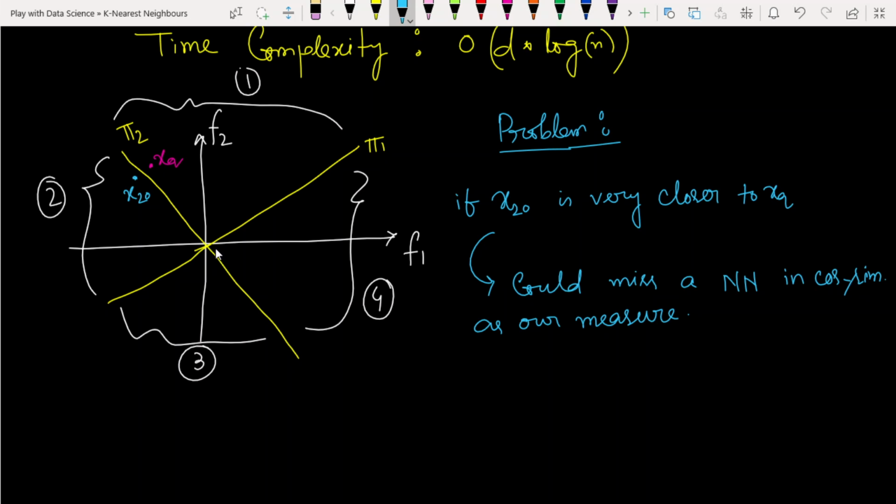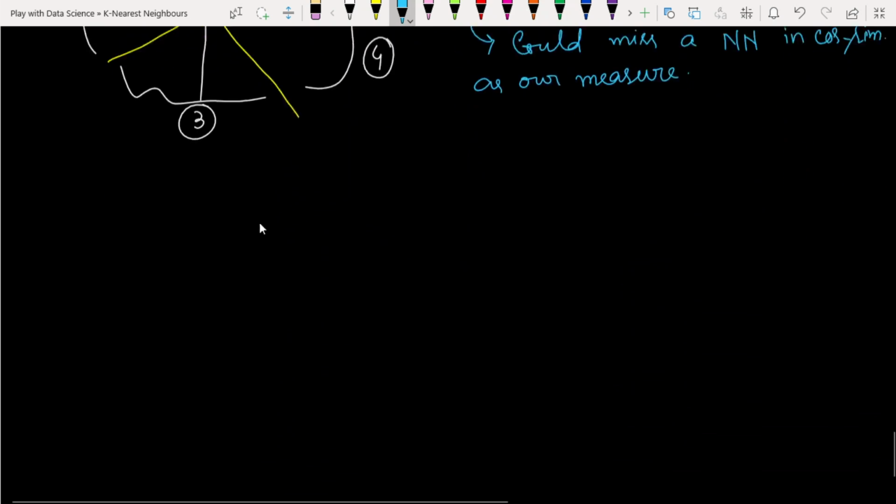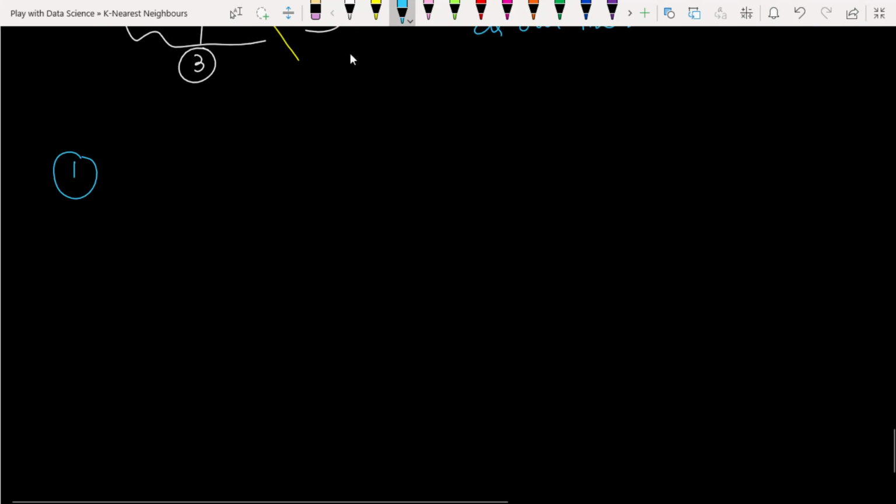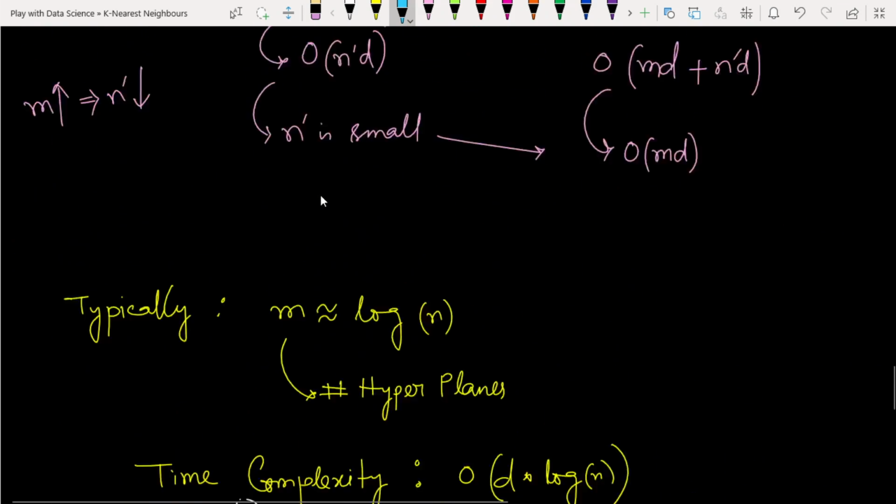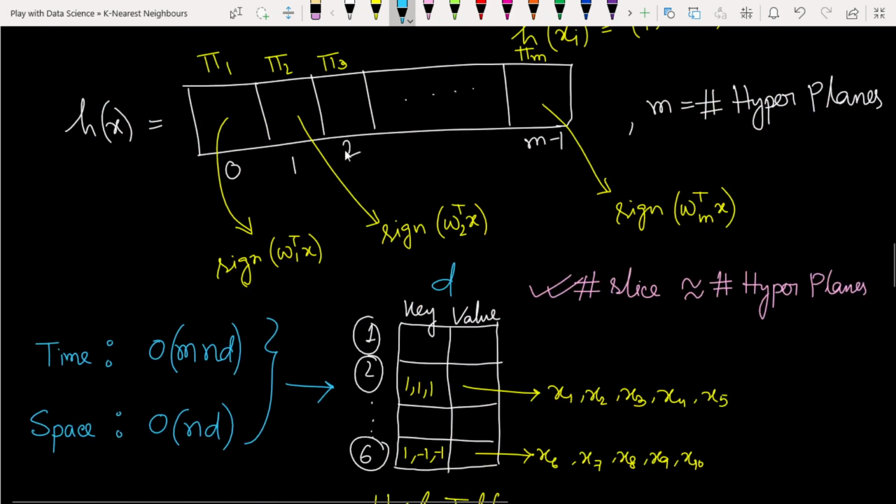So to resolve this, instead of doing this process once, we repeat this process l times randomly. How will we do that? First, suppose we generate m random values, and corresponding to these m random values we find hash functions, as I discussed here.